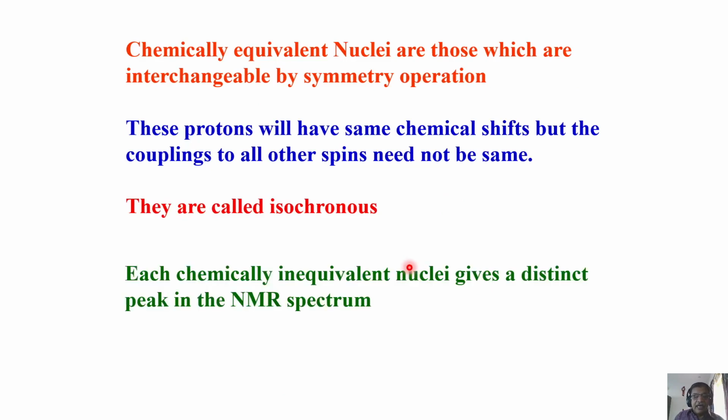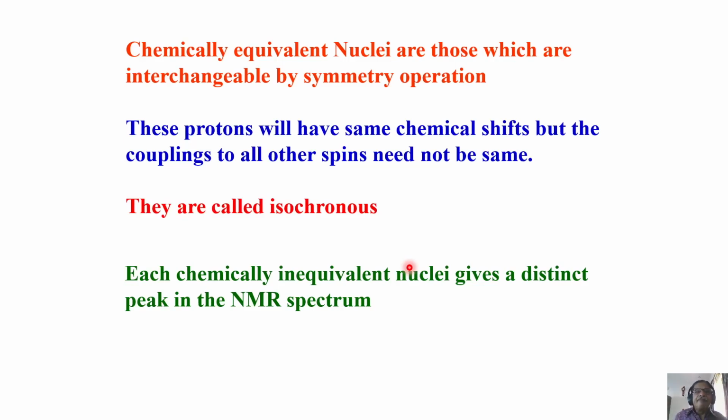So each chemically inequivalent nucleus gives a distinct peak in NMR. Remember in the previous example, OCH3 and CH3. These are two different groups because the chemical environments were different. They are chemically inequivalent spins, and those two CH3s gave two distinct peaks.